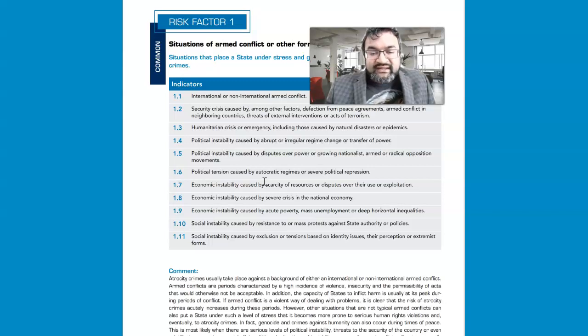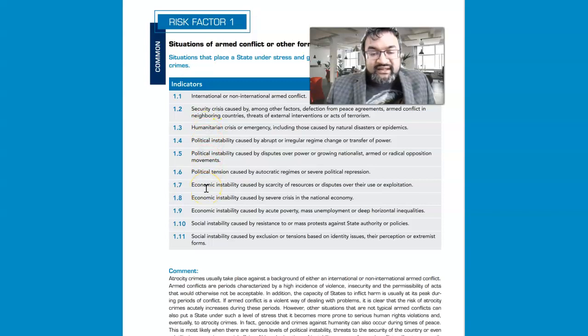Social instability caused by resistance to or mass protests against state authority or policies. And then 1.11, social instability caused by exclusion or tensions based on identity issues, their perception, or extremist forms. So this is, in a nutshell, what risk factor 1 is comprised of, the 11 indicators.